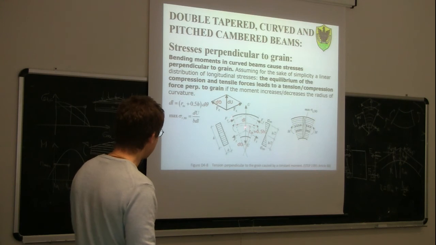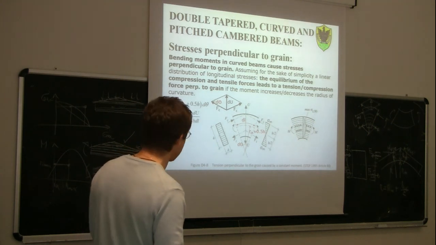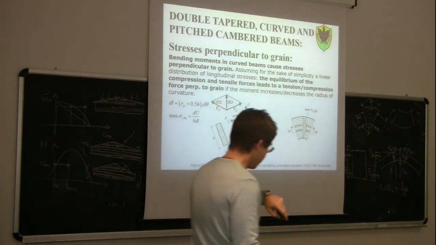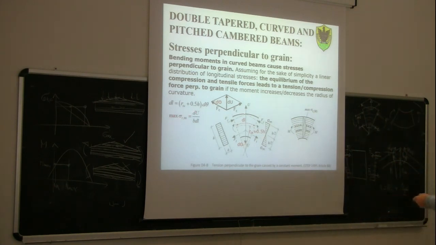If we calculate this stress, it will be sigma T90, so tensile stress perpendicular to the grain. This will be the actual force, the tensile force dU, divided by the section. The section on which this force acts is dl, the length of the middle fiber, times b, the breadth of the cross-section.